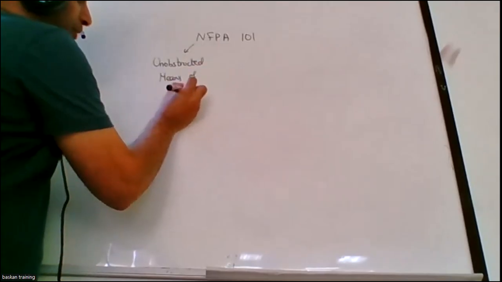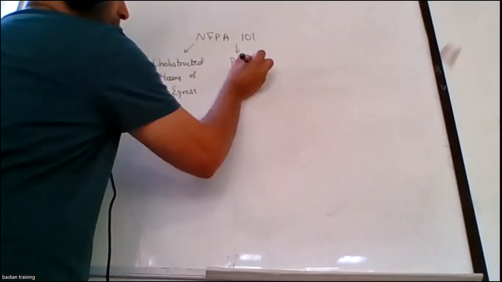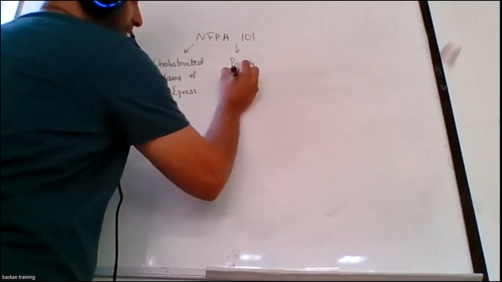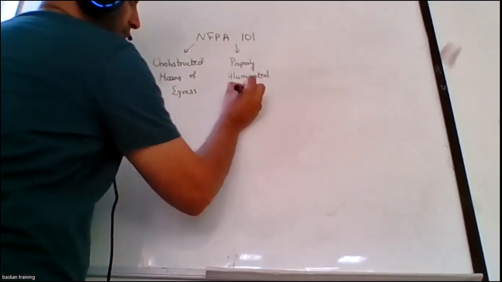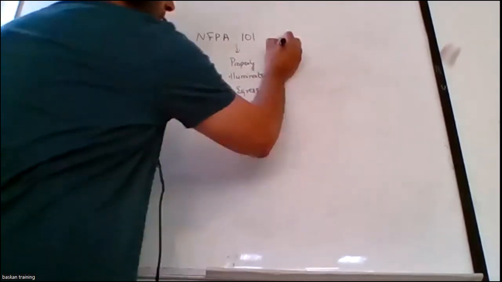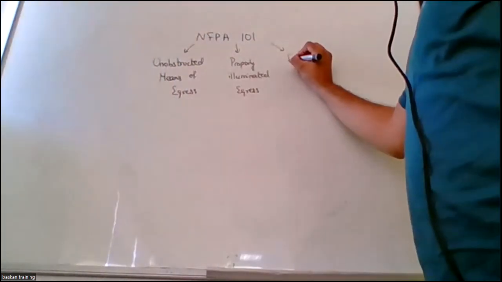I'll just define some of the important ones. Properly illuminated areas. A well-maintained fire alarm system.